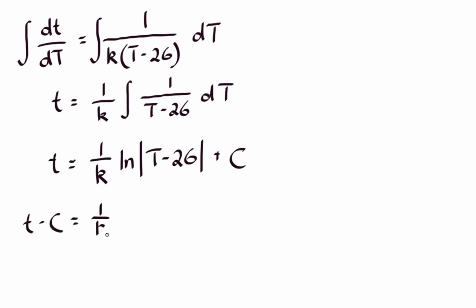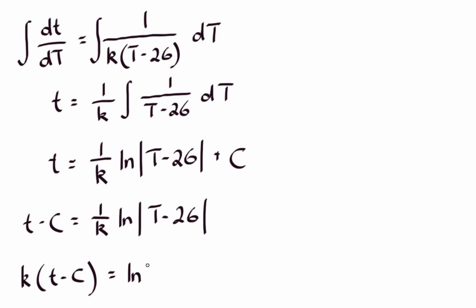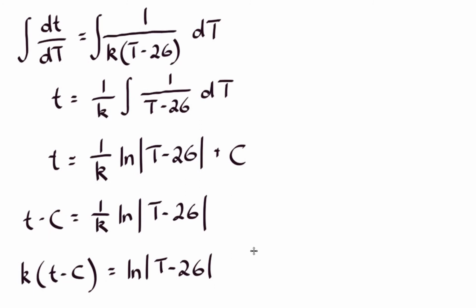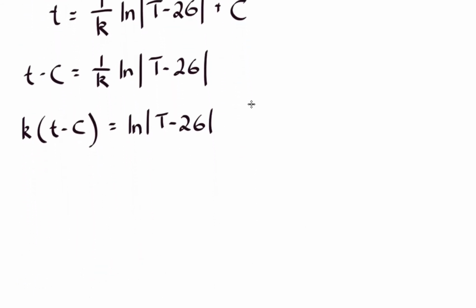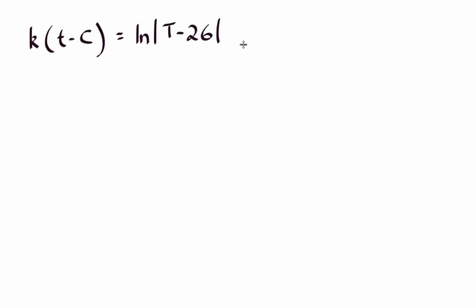So first we'll take the constant of integration over to the other side. And then we can multiply by this constant, k. And if we expand the left-hand side, we get kt minus kc.